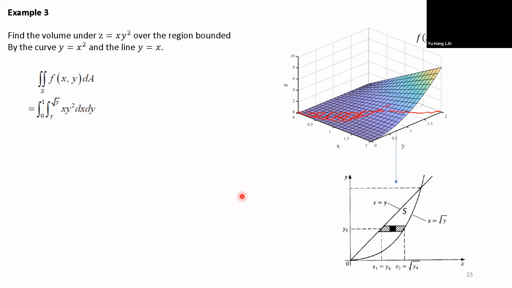And then you have to express your lower and upper limit in terms of y. So that after you complete the inner integral, where you get a function of y, for the outer integral I just go from 0 to this y value here, which is just 1.